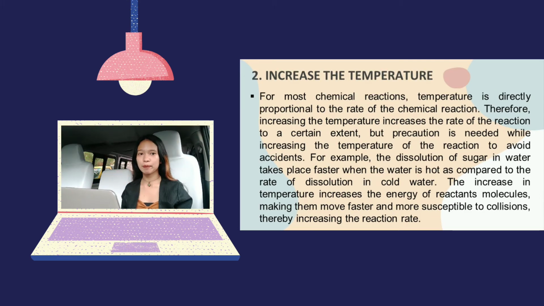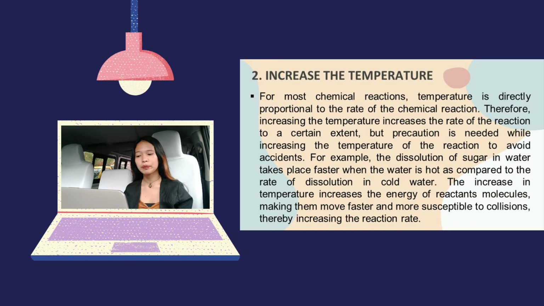Second, increase the temperature. For most chemical reactions, temperature is directly proportional to the rate of the chemical reaction. Therefore, increasing the temperature increases the rate of the reaction to a certain extent. But precaution is needed while increasing the temperature of the reaction to avoid accidents.